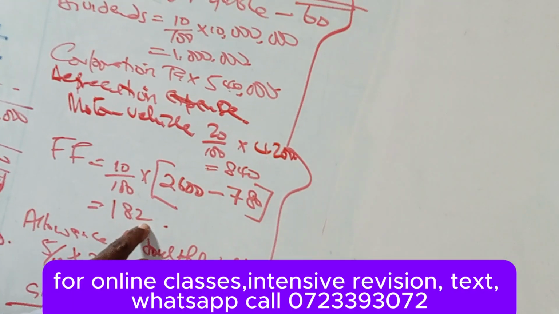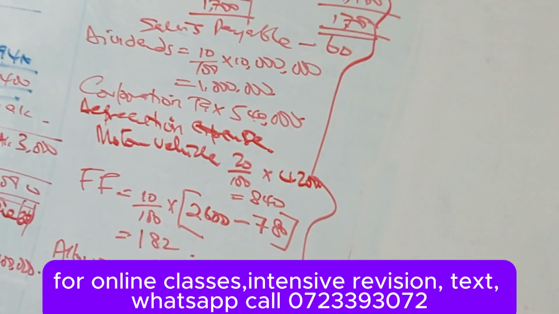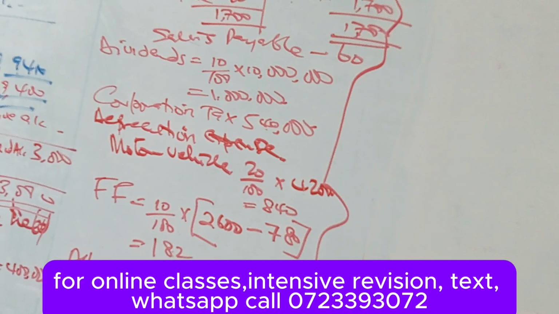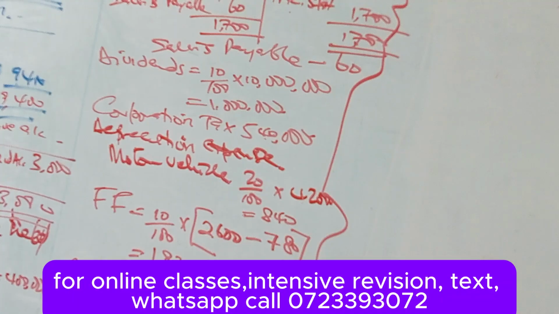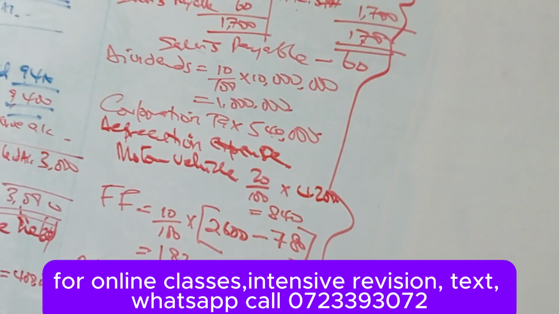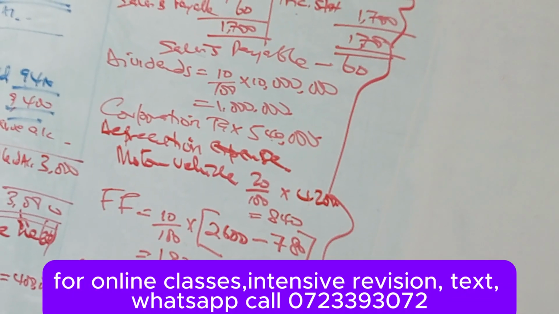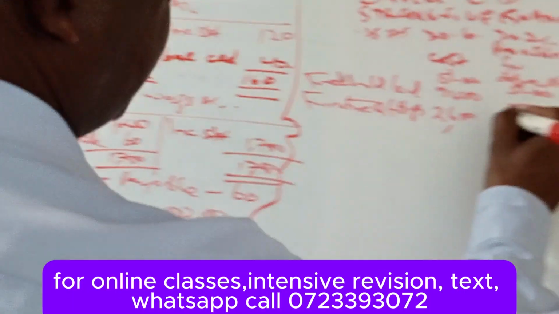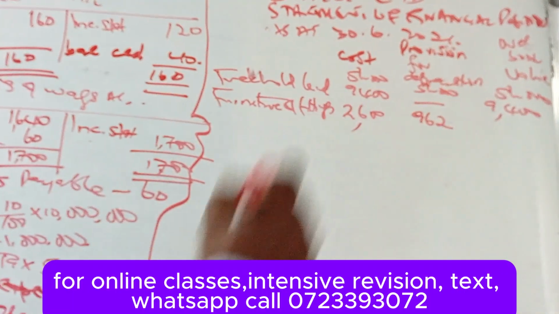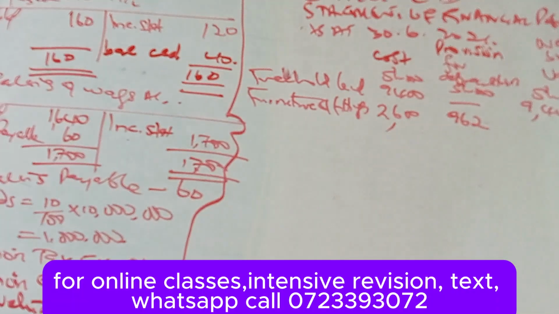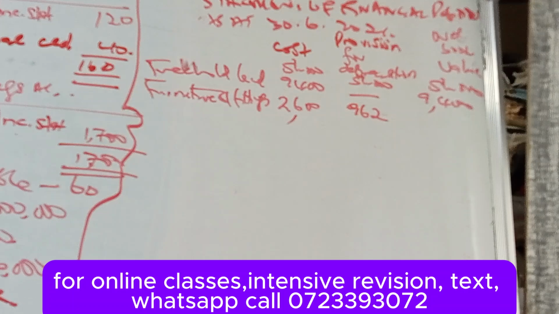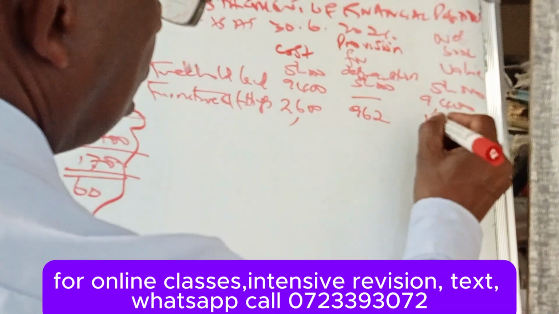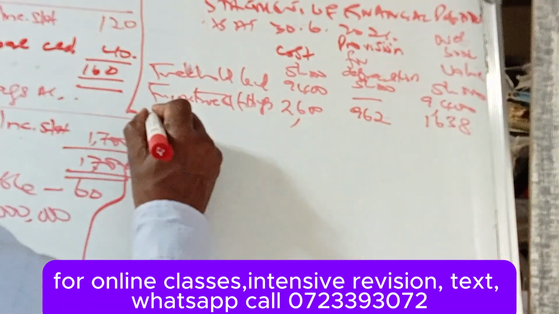The charge for the year is 182. 780 plus 182, we get a figure of 962. 962 minus 2,600, we get a figure of 1638.